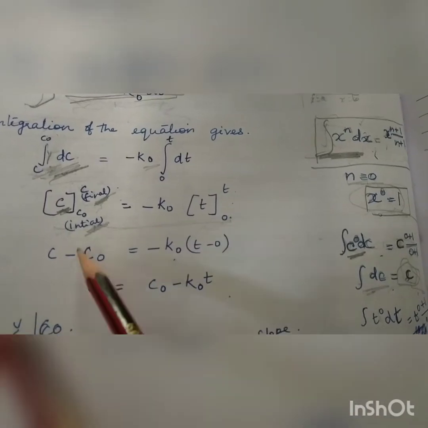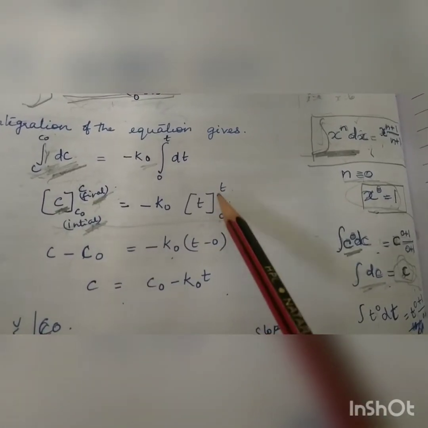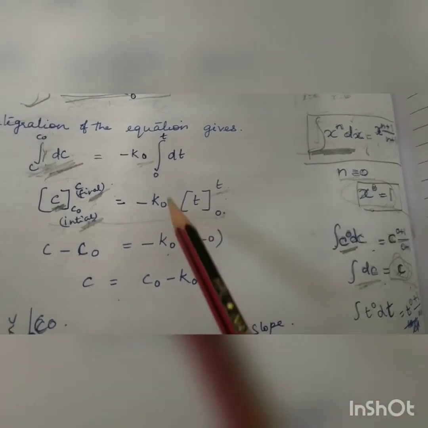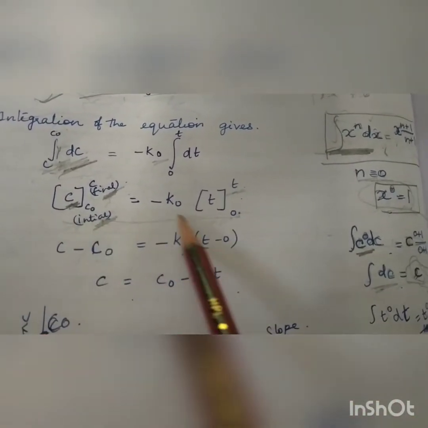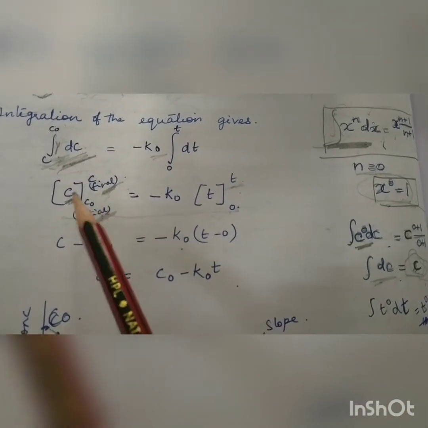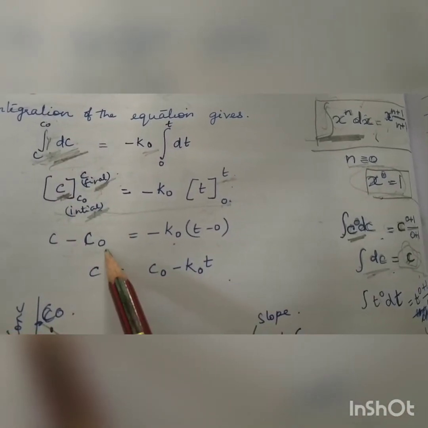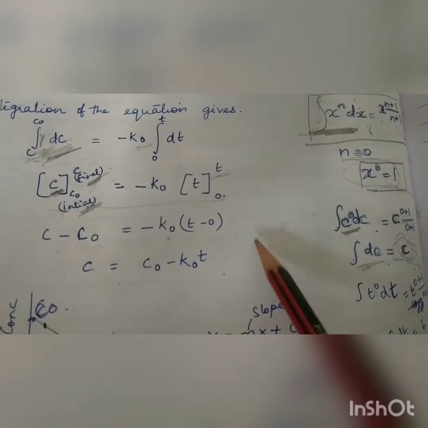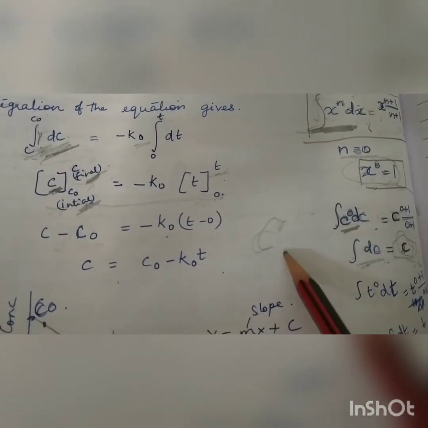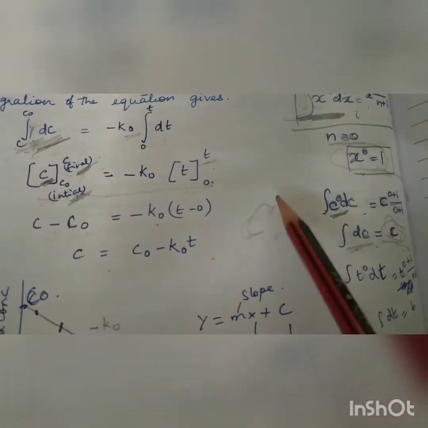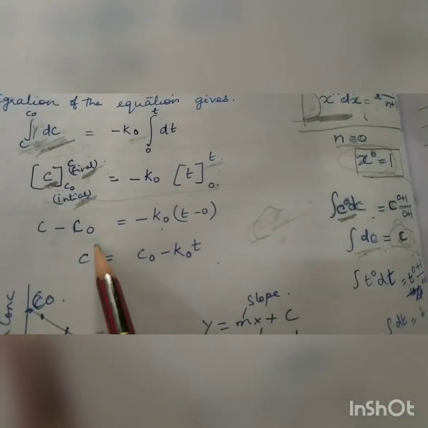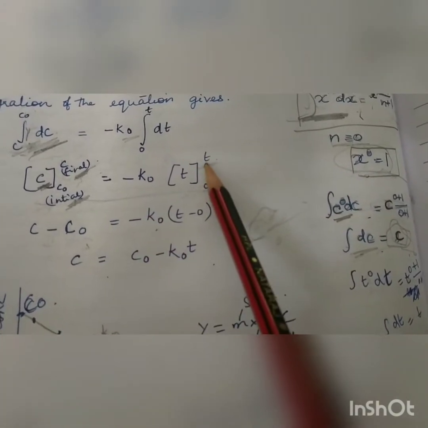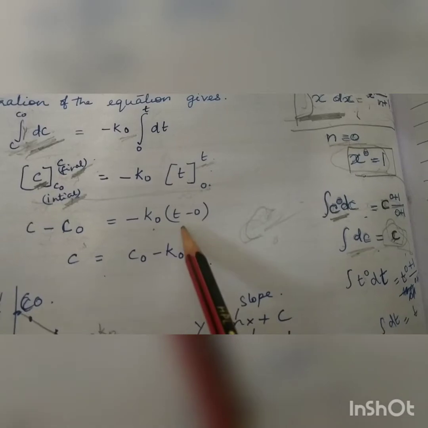This is time 0, the initial concentration at time 0, and at any time you can find out the concentration. So the equation will be like this, and after that it can be written as c minus c naught is equal to, this is a constant, here t minus 0.